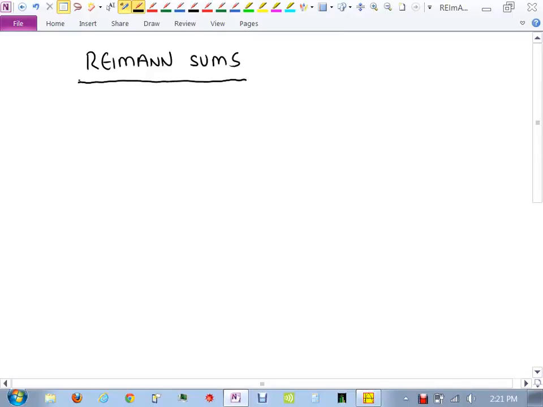All right. How many of you have ever seen this symbol before? Sigma. That's the capital Greek S, right? Now, does anybody know what it stands for or represents in mathematics? A sum. Okay? That's the symbol for a sum.